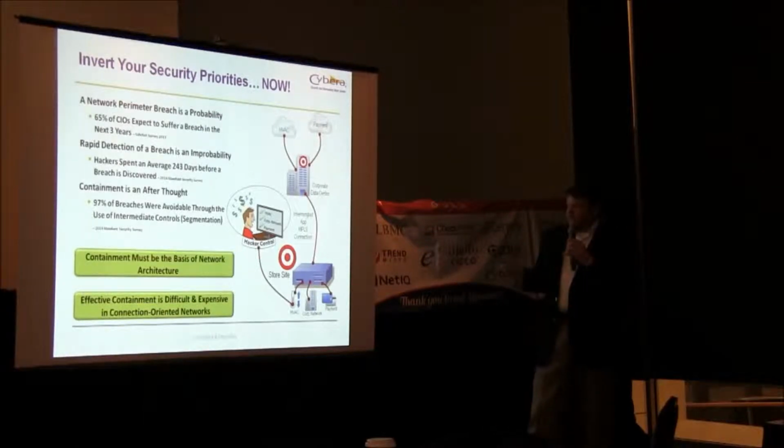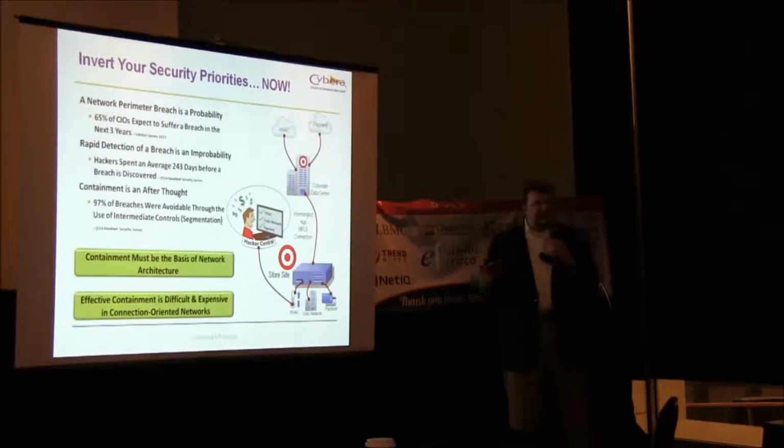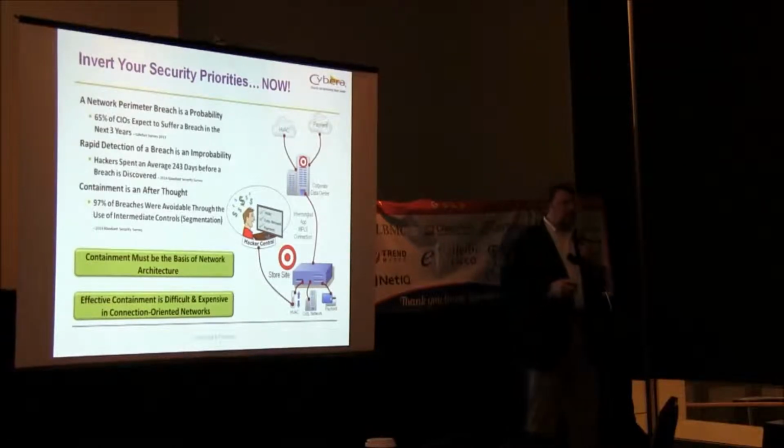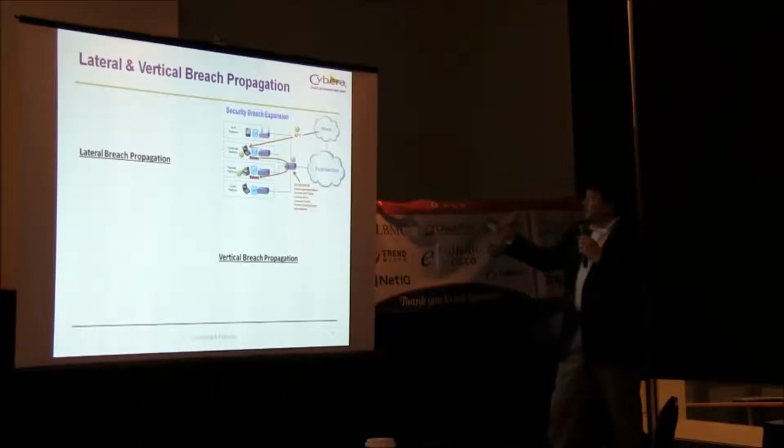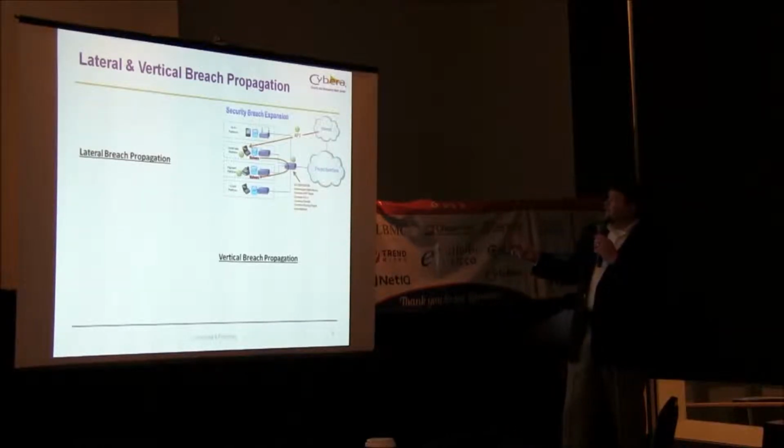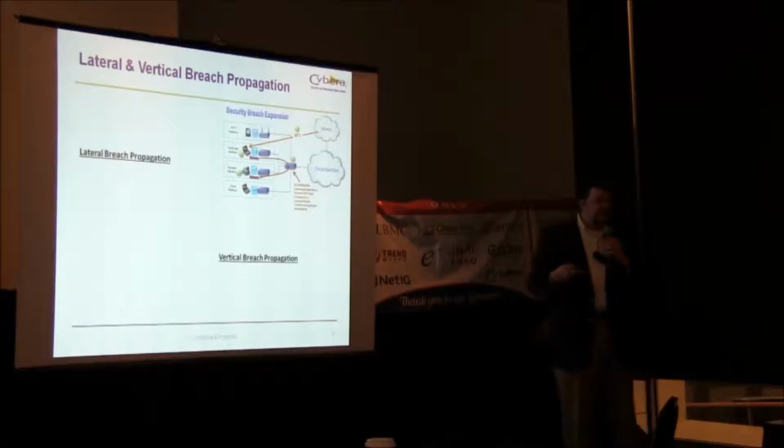So effective containment is very difficult and very expensive to obtain in connection-oriented networks, i.e. the existing house. So let's go a little bit into lateral and vertical breach propagation. If you look here, there's a lot of ways that an advanced persistent threat can start.